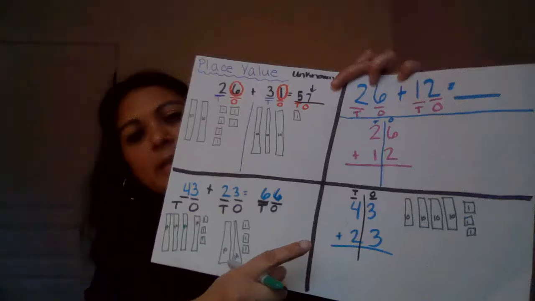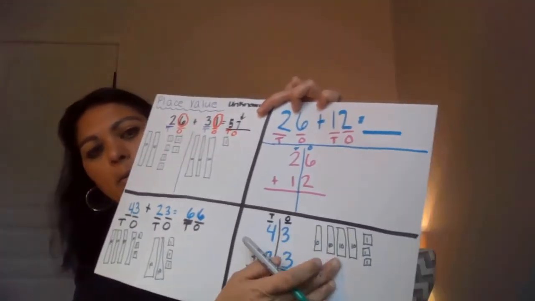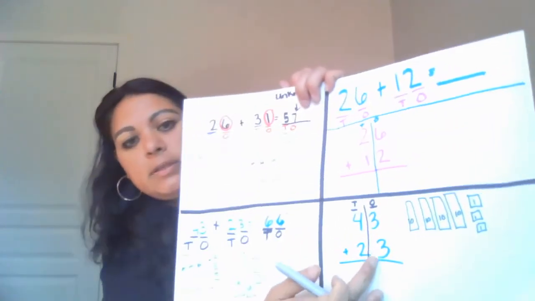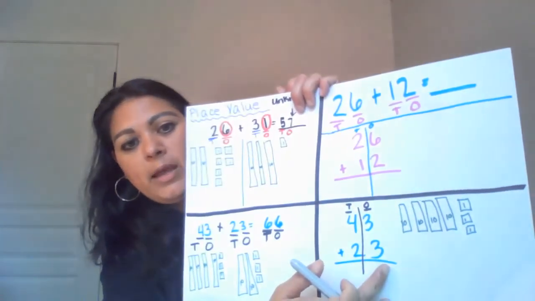Okay, as you can see right next to the digit, I went ahead and I showed that representation. So now I'm going to do that for 23. Do you see we have 2 groups of 10s and we have 3 1s.